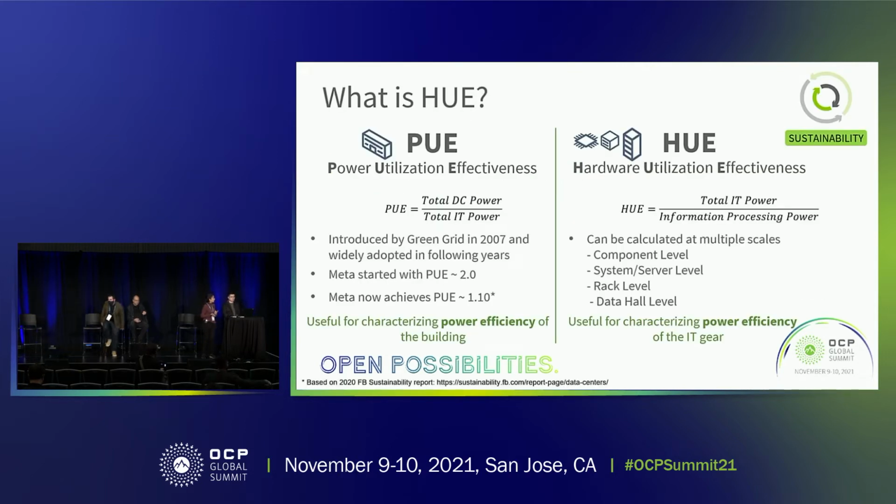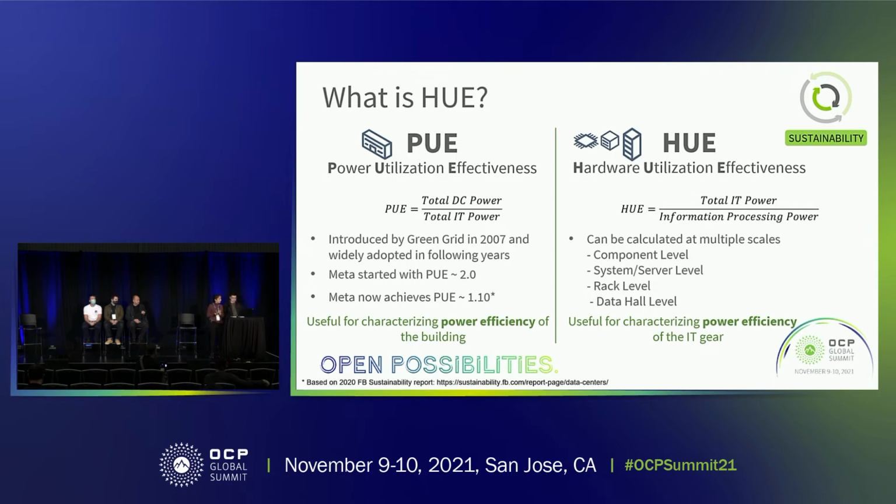Taking a step back, as we all know, PUE is defined as the ratio of the total DC power to the total IT power. As I said before, it was introduced by the Green Grid in 2007, and it has been widely adopted since. Meta initially was reporting a PUE of about 2, and today we achieve a PUE of 1.10.